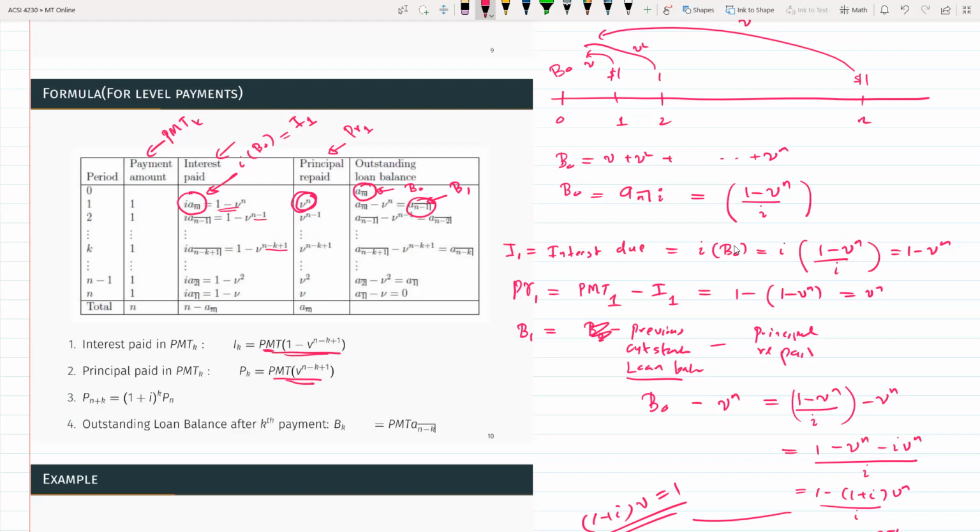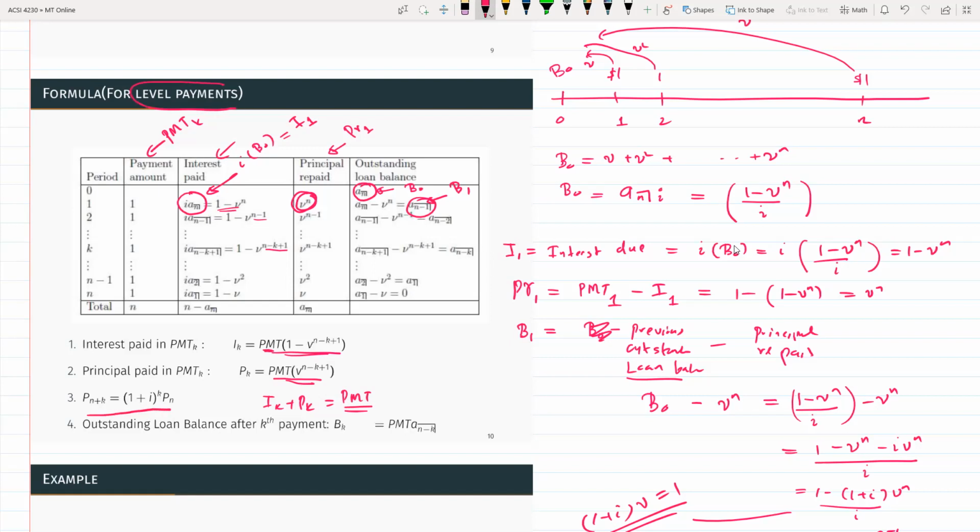Okay. Now, if you add these two, what do you get? Should be the payment. You can add these two and see. Then also you can see the principal amount in payment k plus 1 is 1 plus i to the k times P1. Okay, this is very nice.